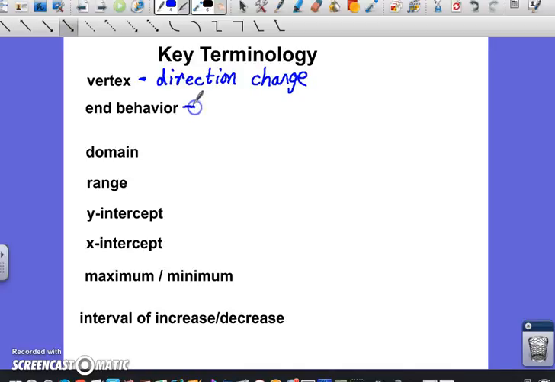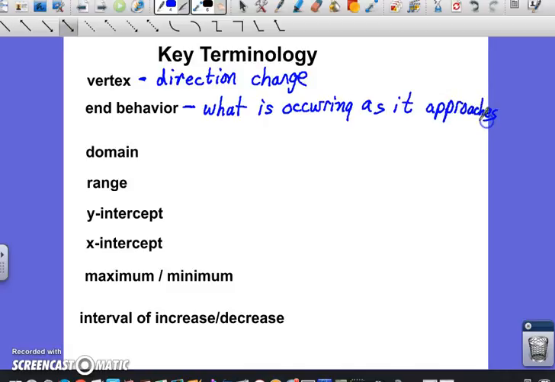Now, end behavior is what is occurring on the graph as it approaches positive and negative infinity on the x-axis.